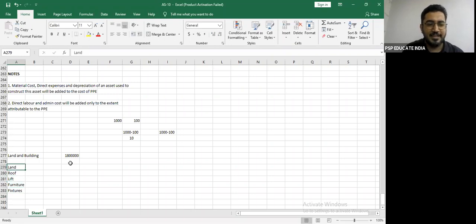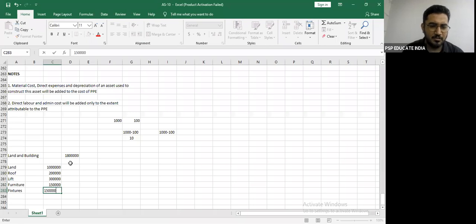So I divide the entire land and building into these 5 parts. The value of land is 10 lakhs. Roof is 2 lakhs. Lift is 3 lakhs. 1,50,000. 1,50,000. This is what? Cost.